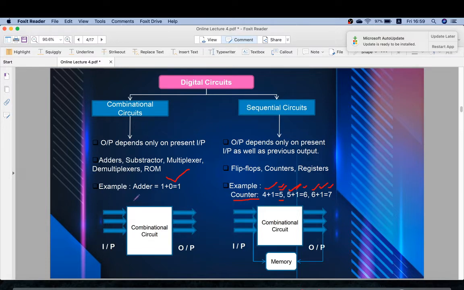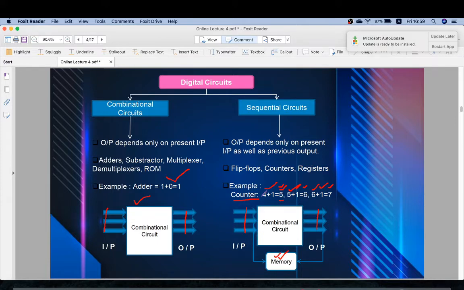What are their logical shape or design? This is the combinational circuit. Here we have inputs and only outputs. Outputs depend upon the inputs. But in the sequential circuit, there are inputs, outputs, and also a memory unit. Why are we using a memory unit? Because it will use the answer or output of the previous procedure, so it will be stored in the memory.